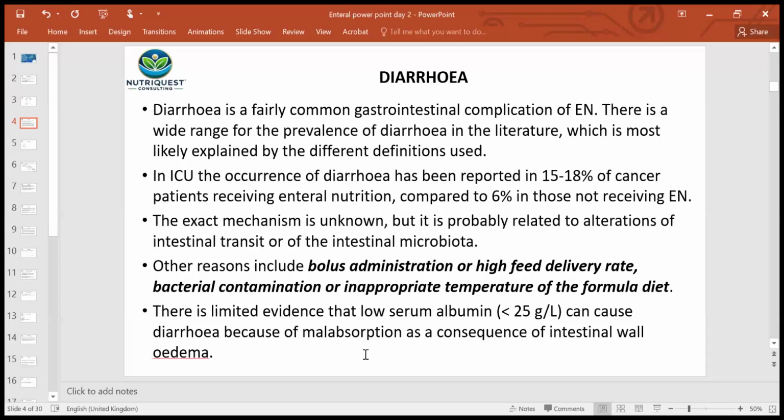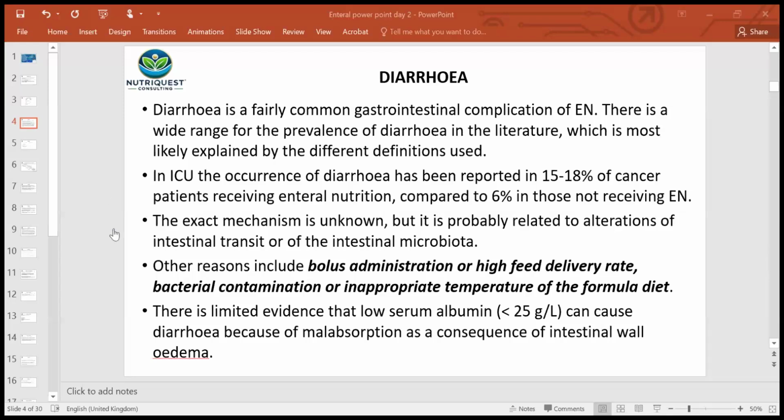Of course, the exact mechanism is unknown, but it is probably related to alterations of intestinal transit or of the intestinal microbiota. So the cause of diarrhea here could be due to changes in the intestinal microbiota. For instance, we are interfering with the normal flora of the GIT, or we can have challenges of transit, which we explained yesterday.